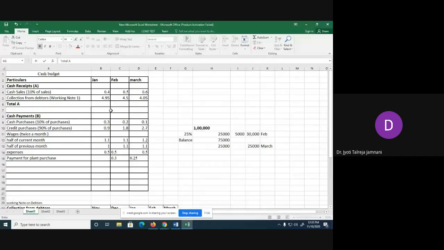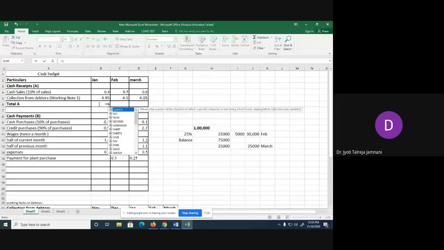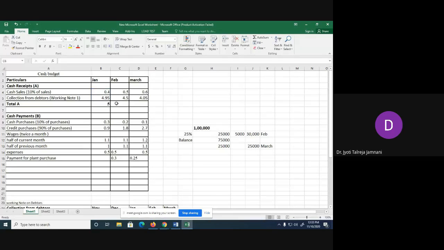The total of A. Excel has a problem of rounding off. So 5.35 is the total.